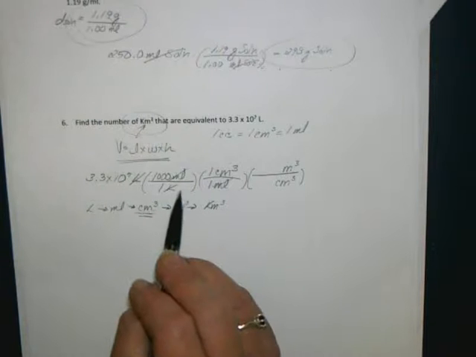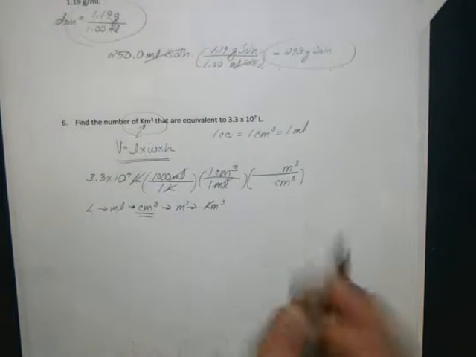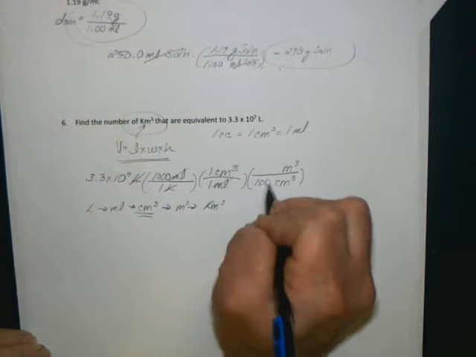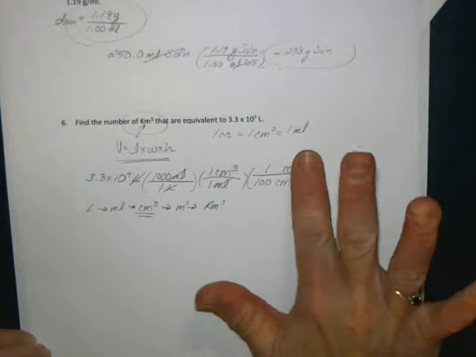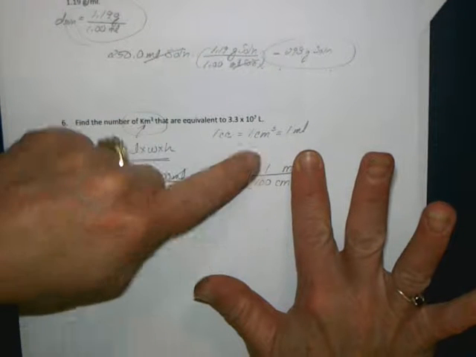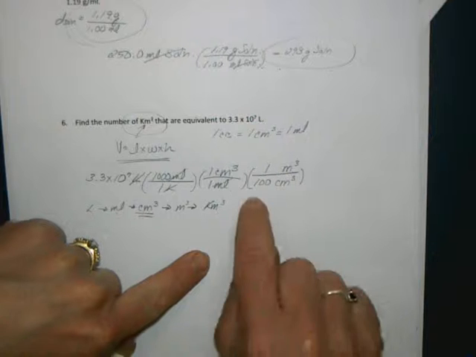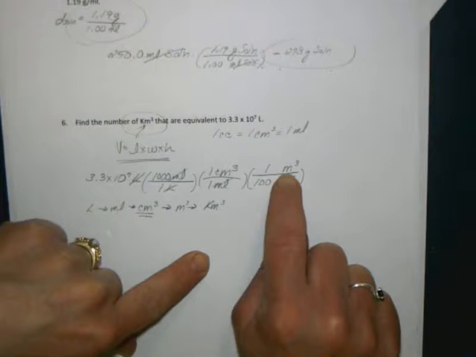This quickly comes to mind. Now, we may want to write 100 centimeters cubed in 1 meter cubed. That is the one-dimensional relationship. There's 100 centimeters in 1 meter. There's not 100 centimeters cubed in a meter cubed.